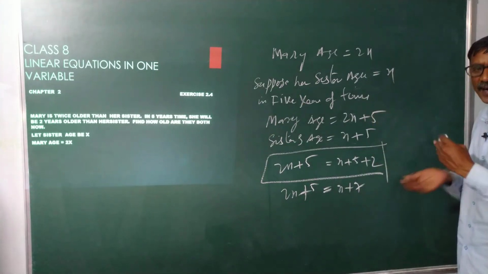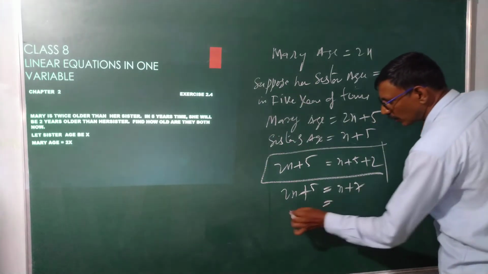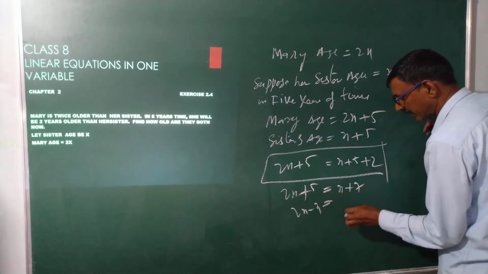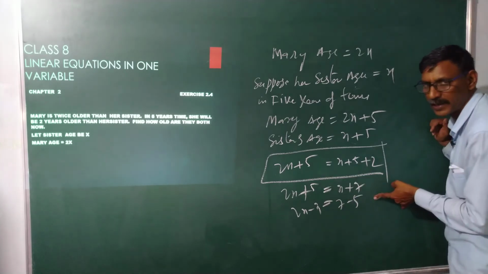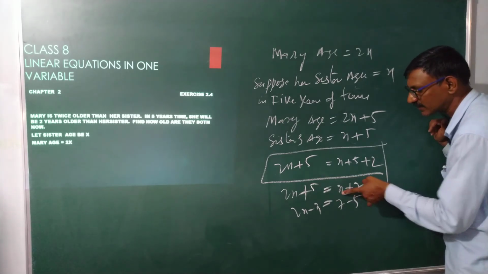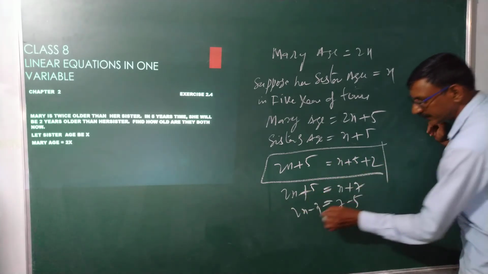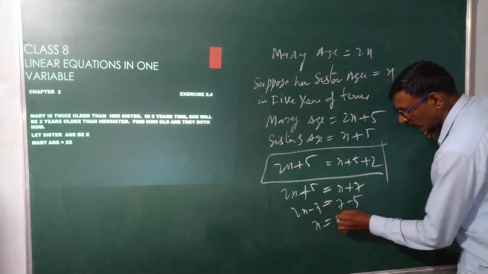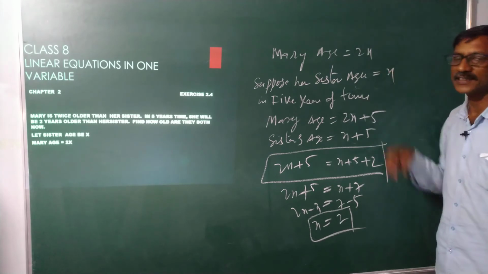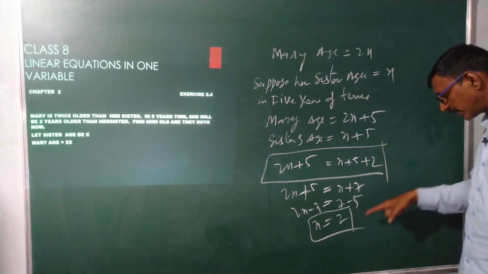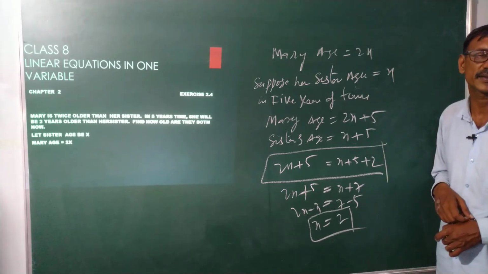Then by separating variables and constants, 2x minus x must be equal to 7 minus 5, because this plus 5 will go to this side as minus, and this plus 7 will go to that side as minus. Then x is equal to 2. What is x? The sister's age is x, that is 2 years.